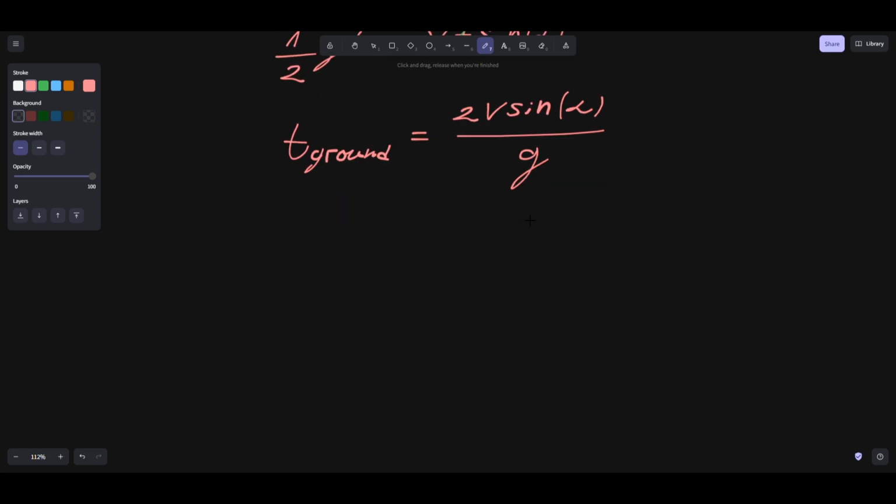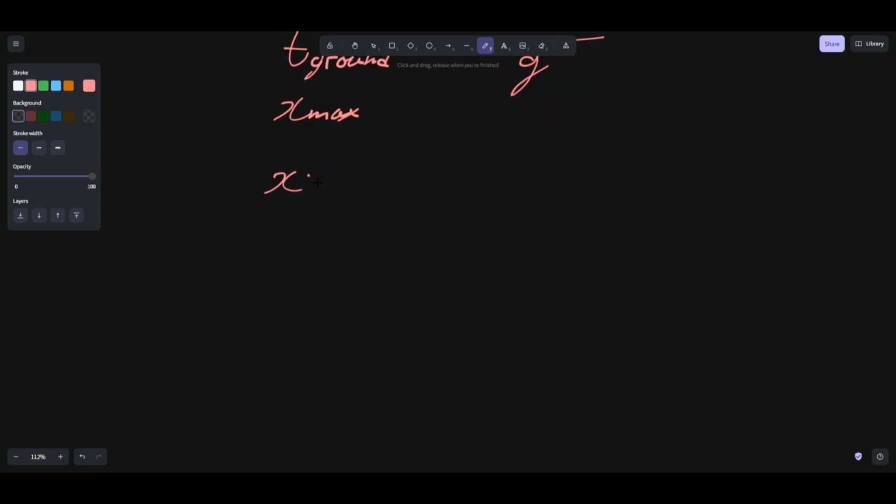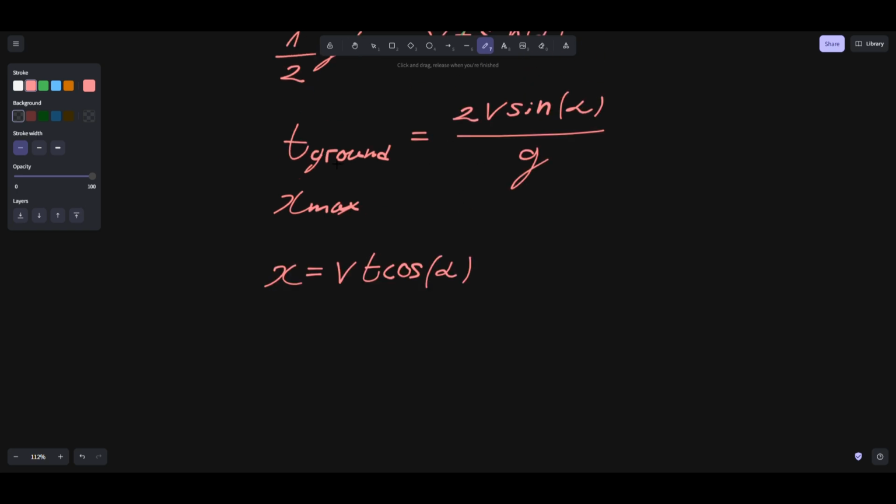So, of course we set out to determine what x max is. And we'll get there. Reminder, we previously wrote that x equals vt cosine alpha. And we also have this equation.